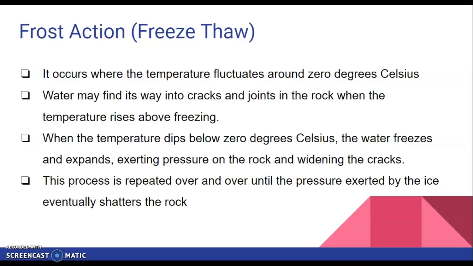So this would not happen in the Caribbean since we don't have our temperatures fluctuating around zero, where water would basically freeze. So let us look at the first bullet point. It occurs where temperature fluctuates around 0 degrees Celsius.